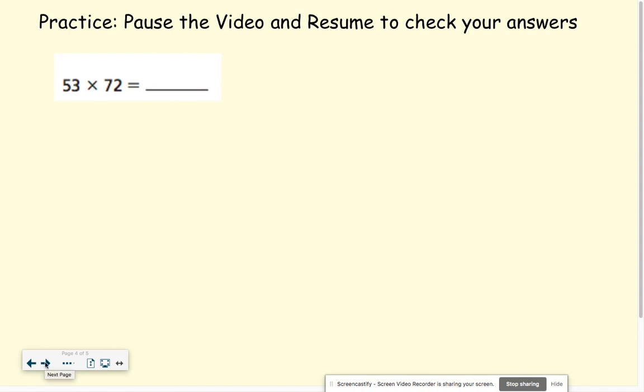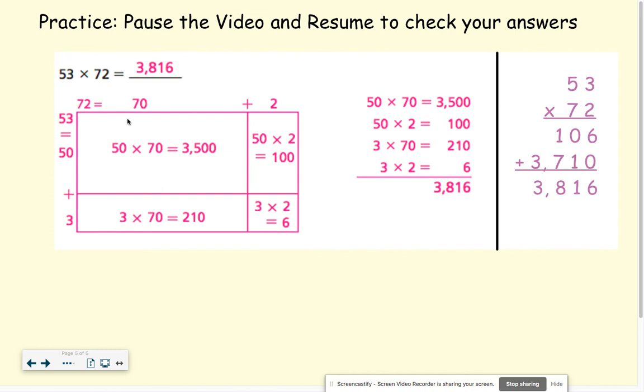First, we're going to check the area model. In the area model, you should have separated out 70 plus the 2 and 50 plus the 3. In our first box, it's 50 times 70. 5 times 7 is 35, and we had two zeros. 5 times 2 is 10 with 1 0. 3 times 70, 3 times 7 is 21 with 1 0.